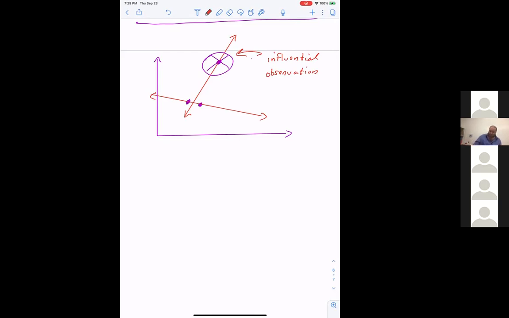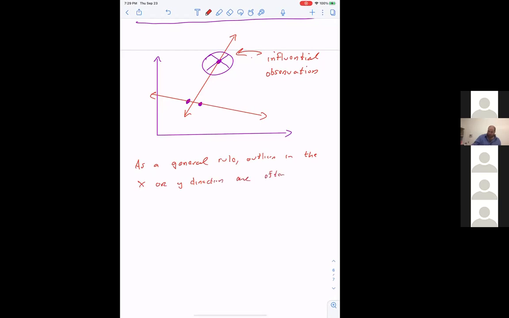Okay. As a general rule, outliers in the X or Y direction are often influential for correlation.